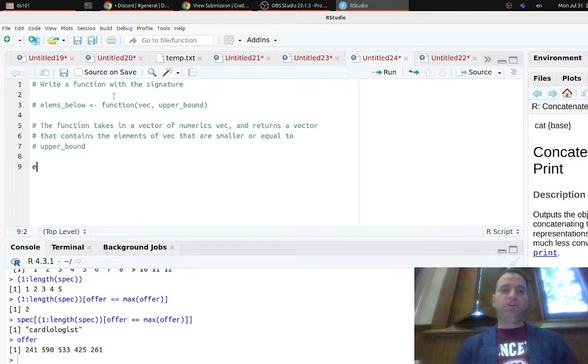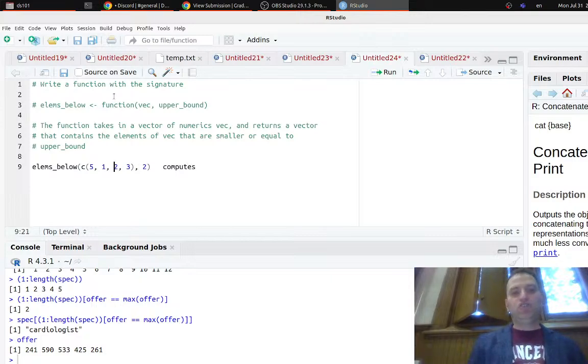So for example, lambs_below of c(5, 1, 2, 3) and upper bound 2 should give me just the ones that are equal or smaller than 2. So this would be 1, 2.